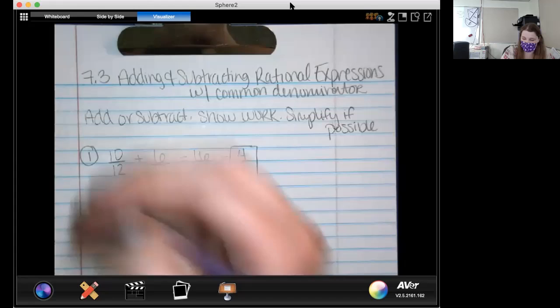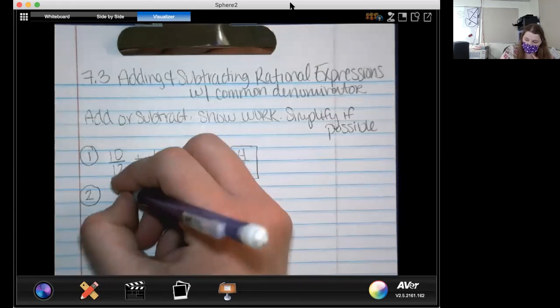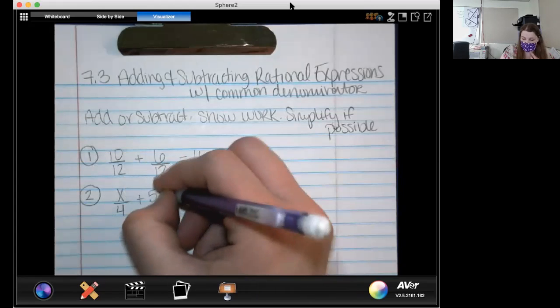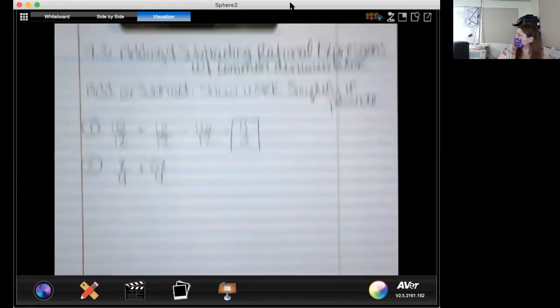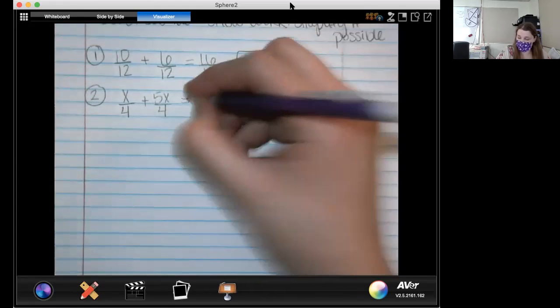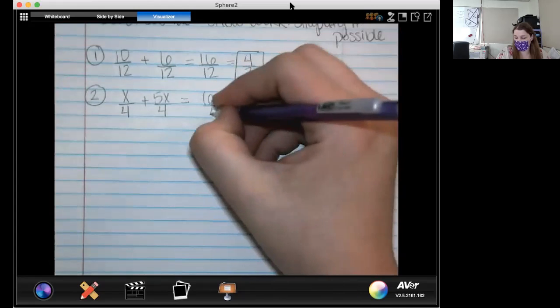Okay, let's put some x in. x divided by 4 plus 5x divided by 4. And when we combine those, we get a value of 6x divided by 4.